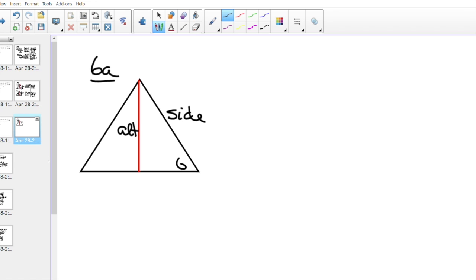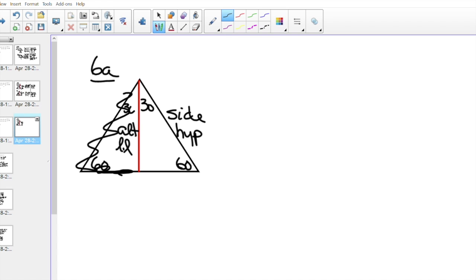Now, remember, they are all 60-degree angles, but this would divide up into 30s. But we're not wanting but one. So the altitude now would be the longer leg, and the side would be the hypotenuse.